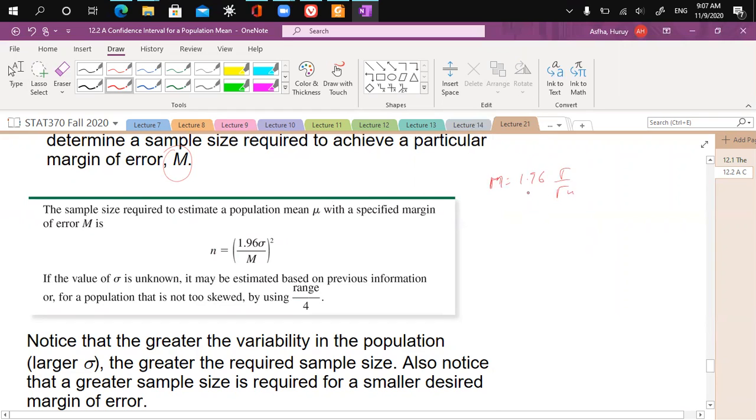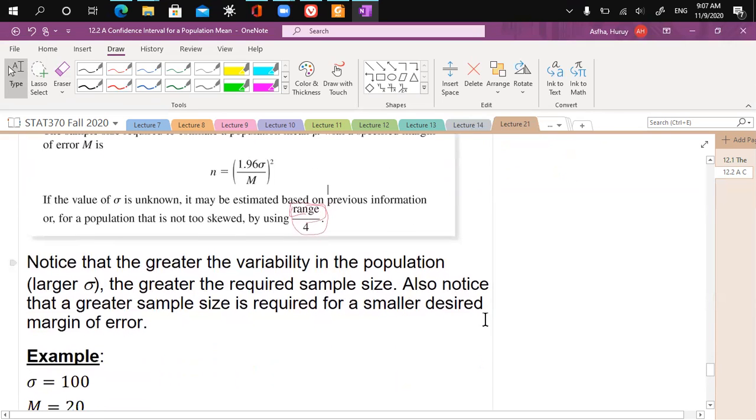So if you solve this one, you get this equation. When we don't know sigma, there are cases where we use the range, which is the maximum minus the minimum, divided by 4, as an estimate of the population standard deviation, just like s.